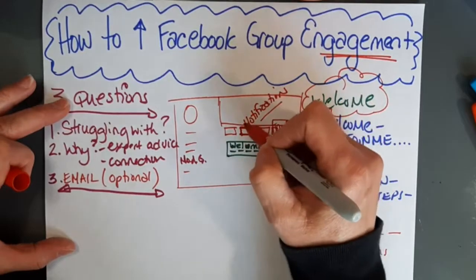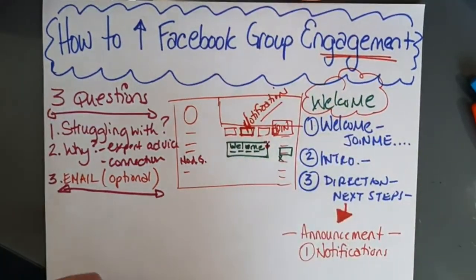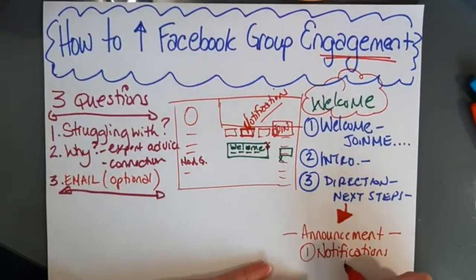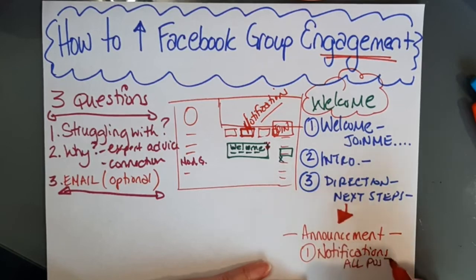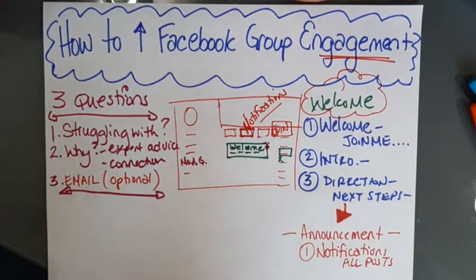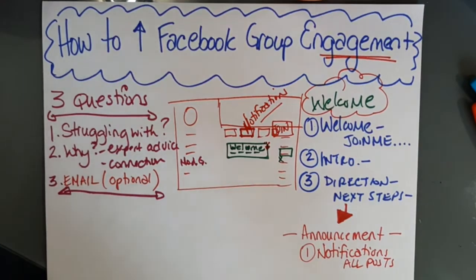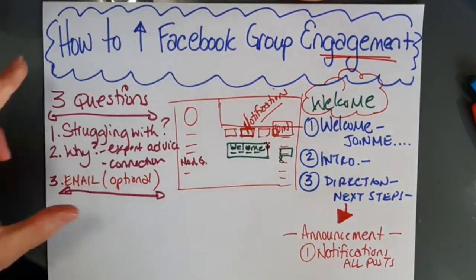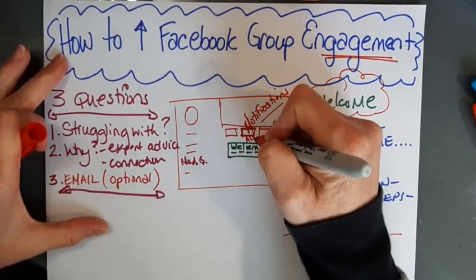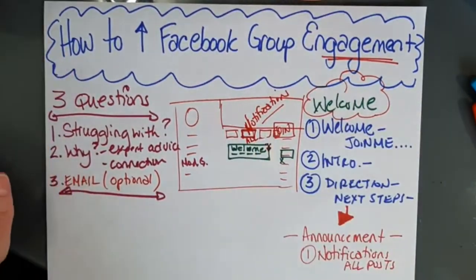And you have 4 options: to see all posts, only the highlights, only your friends' posts, or you can turn notifications off altogether. So you want to instruct them to view all posts so that they don't miss any of your important posts.